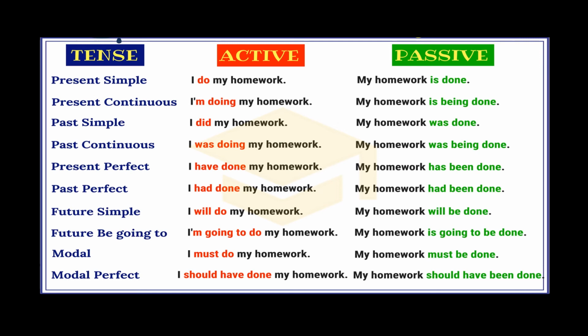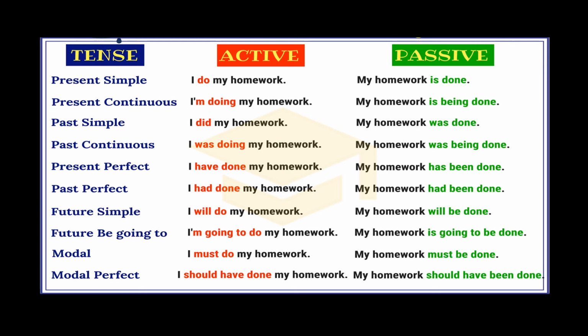In present continuous, if active voice says, I am doing my homework, in passive voice, it will be said, my homework is being done. Just as discussed, after the helping verb is, we are using the word being to convert active sentences into passive sentences in present continuous tense.